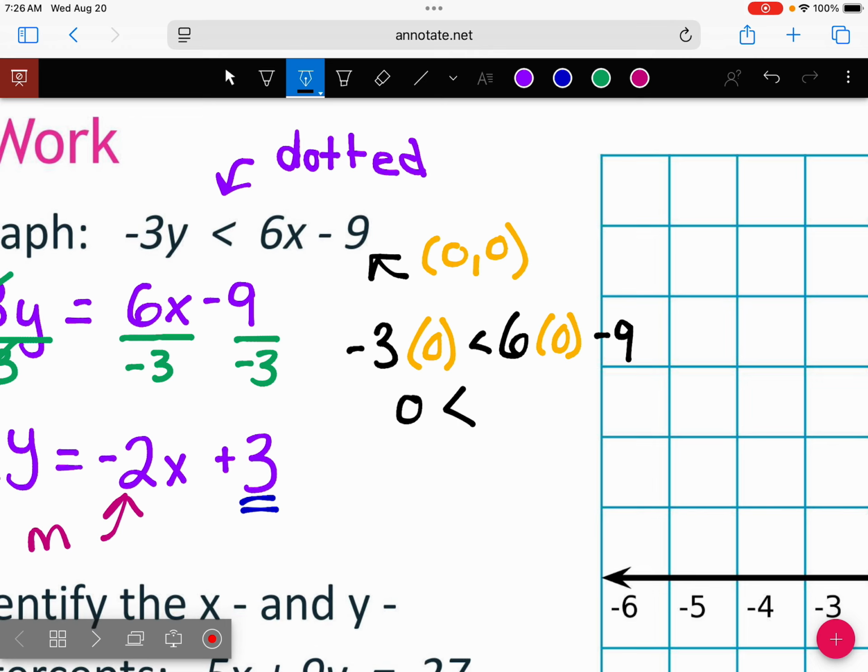And we want to know if that's less than 6 times 0, which, times 0 again, that's another 0. Okay, 0 minus 9. Well, is 0 less than negative 9? No. So is this in my colored in area? No. This is not a solution, so this is not in my colorful area, which means I need to color that aside.